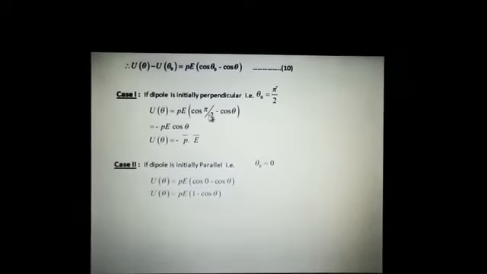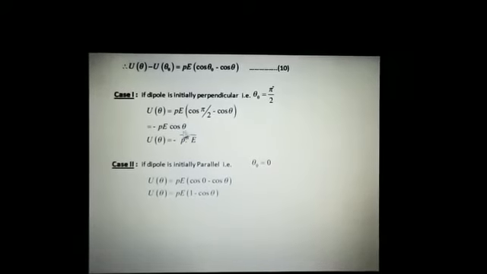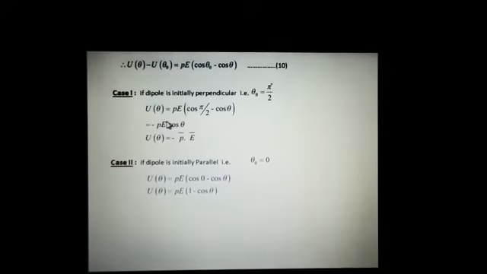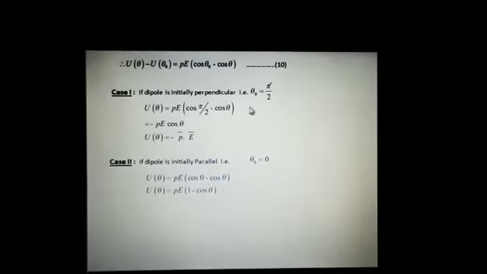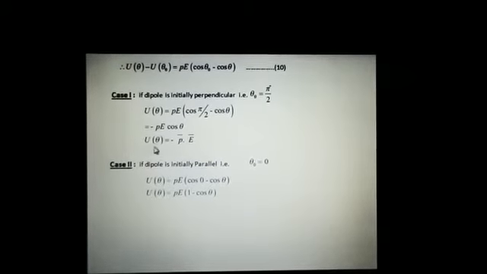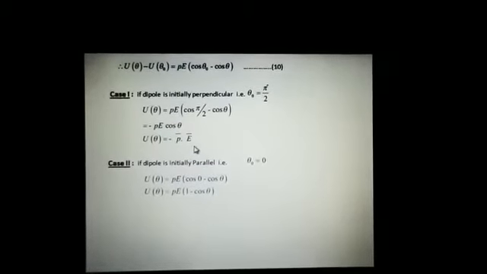Here cos of pi by 2 is equal to 0, therefore the equation becomes minus P E cos theta. Therefore we rearrange this equation: U(theta) is equal to minus P dot E.